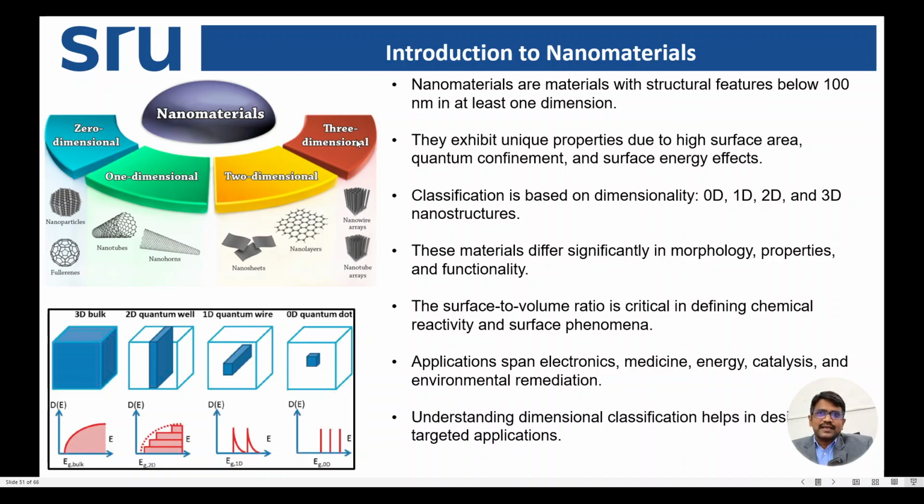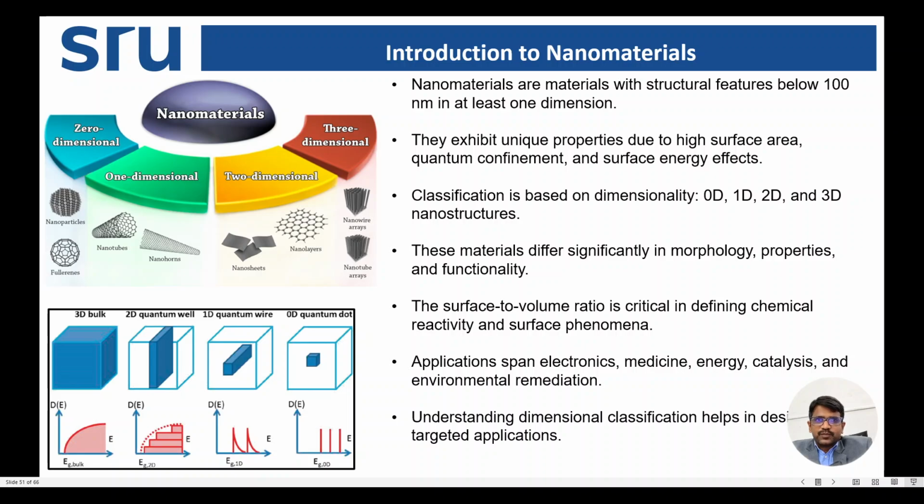In the coming slides, we will see in detail the properties and applications of these different materials, and also some of my research. I have prepared different kinds of nanomaterials, from zero dimension to three-dimensional materials, for different purposes.